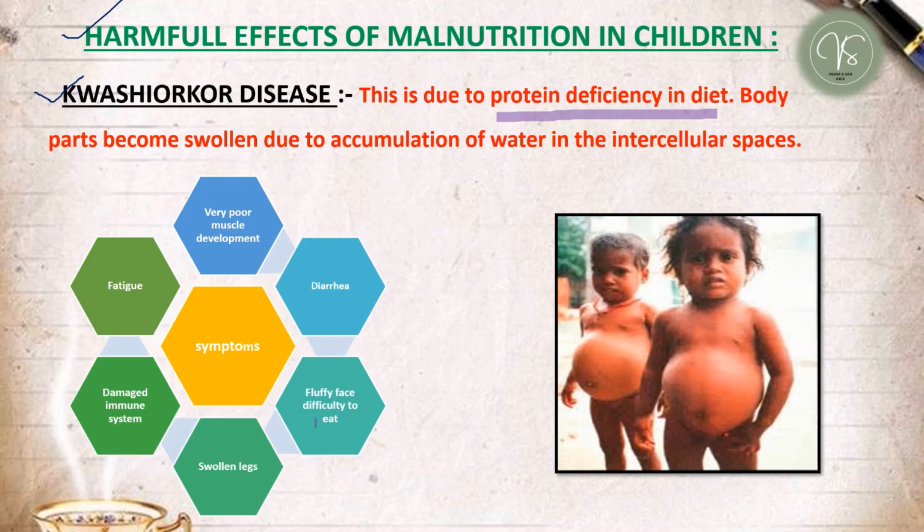The immune system will be very weak, the child suffers from fatigue, has very poor muscle development, and also suffers from diarrhea. Such type of children suffer from kwashiorkor if they are fed with very less amount of protein in their diet.